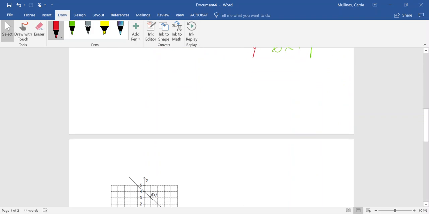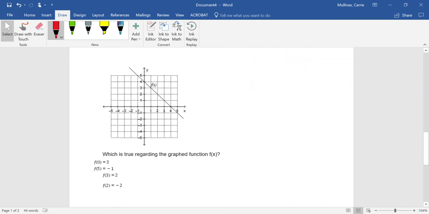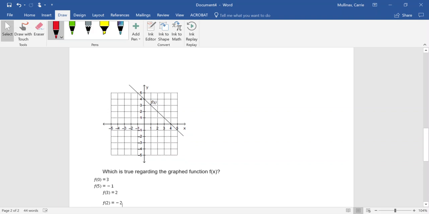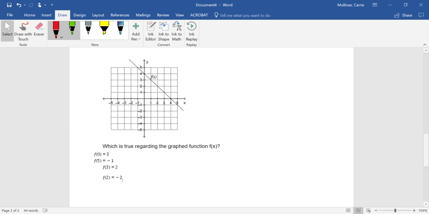One more example just to reiterate input versus output. What is true regarding the graph function? Well, again, when you have f of x equals, so here if we had f of x equals y, we know that f of x is equal to y.